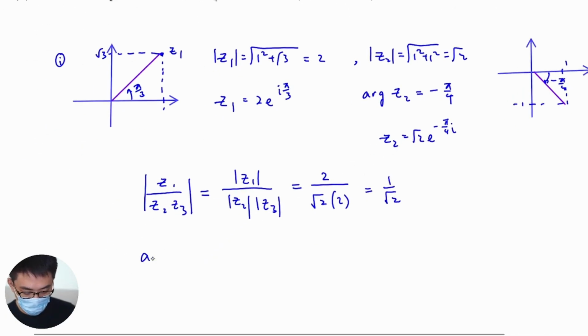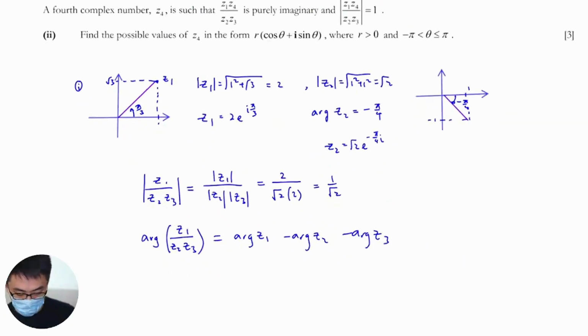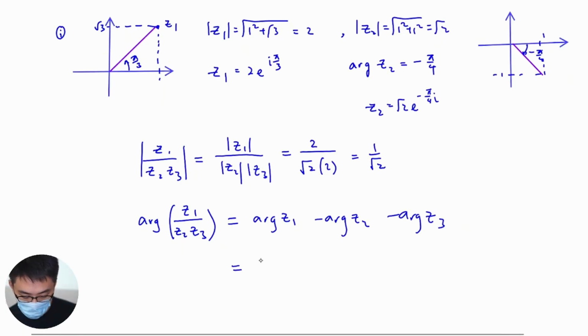Then argument of Z1, Z2 just behaves like a logarithm. Okay, so you start with the argument Z1, which is 5 over 3.